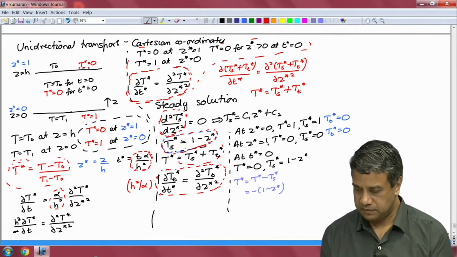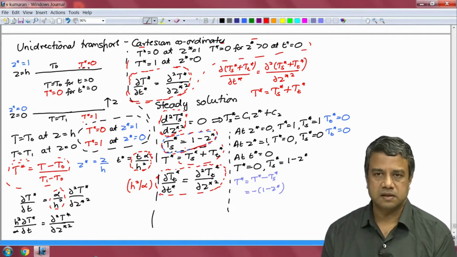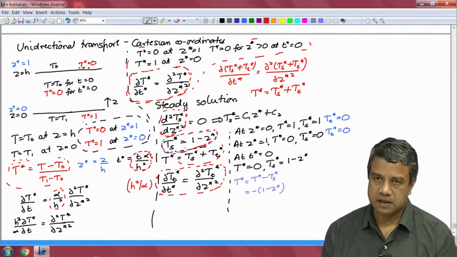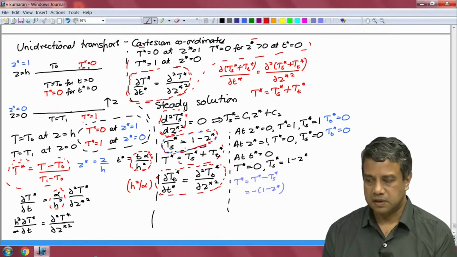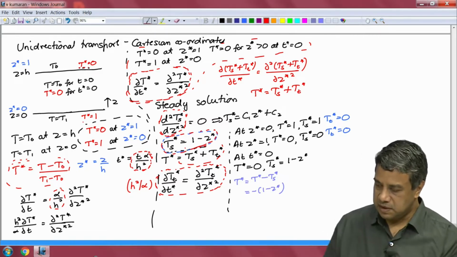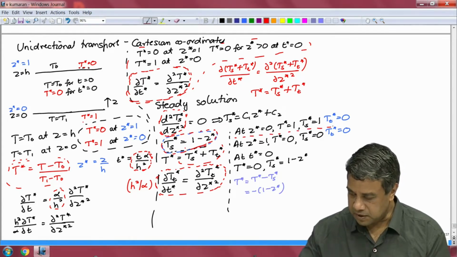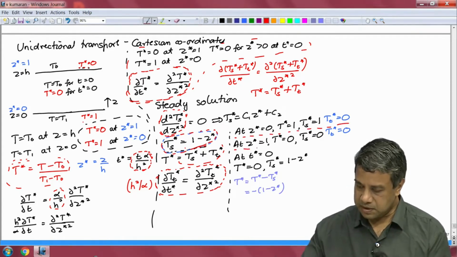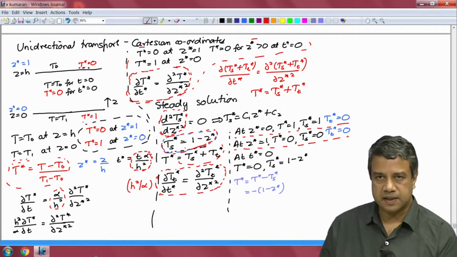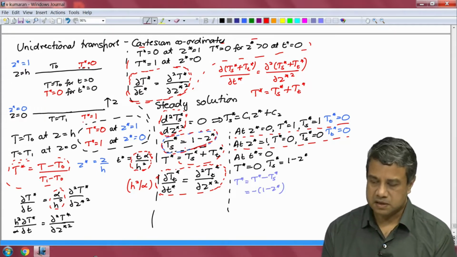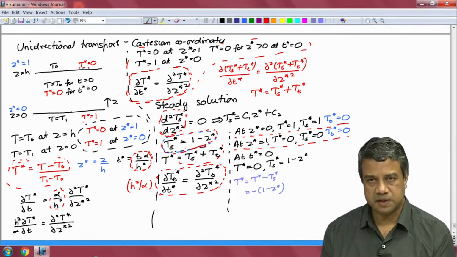Similarly, for boundary conditions, take the boundary condition for the total temperature, subtract out the boundary condition for the steady temperature, and you will get the boundary condition for the transient temperature. In this case, since the total temperature and the steady temperature have to be the same at both boundaries, the transient temperature has to be 0 on both spatial boundaries.